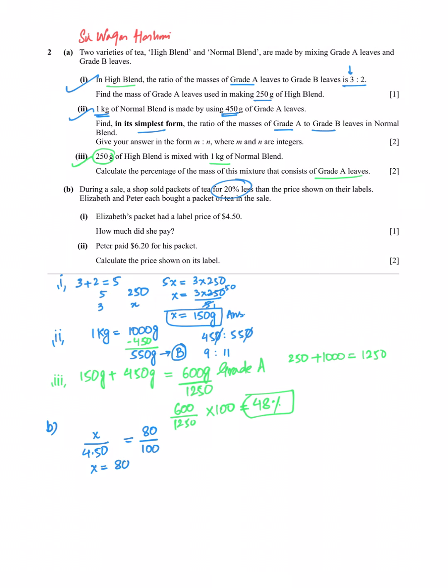It will be 80 times 4.50 divided by 100. So that equals $3.6. All right, that means if a label price is 4.50, after 20% less the new price will be $3.6, right? For part 2, it says Peter paid 6.20 for his packet.